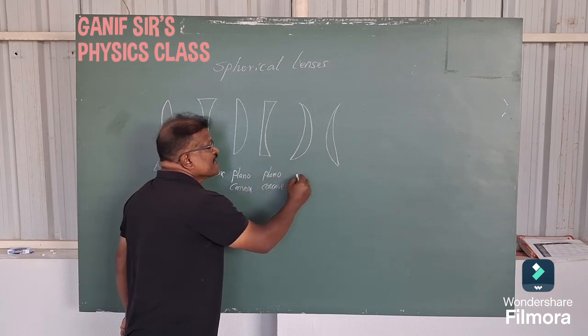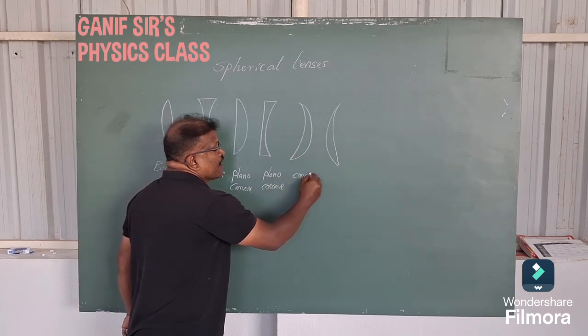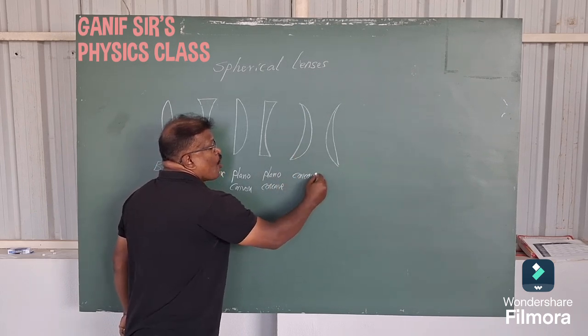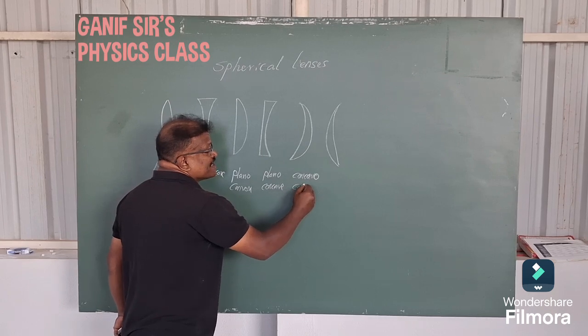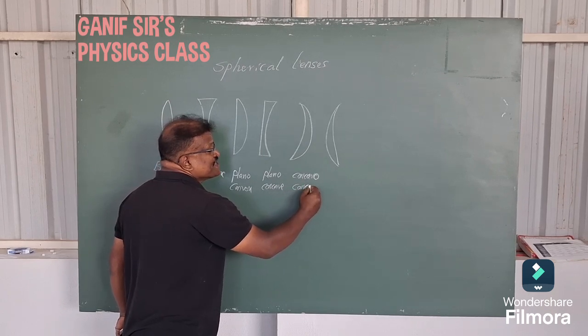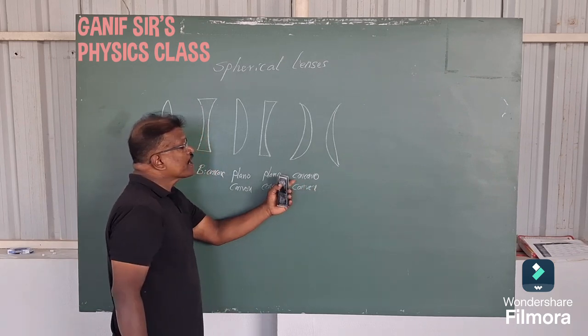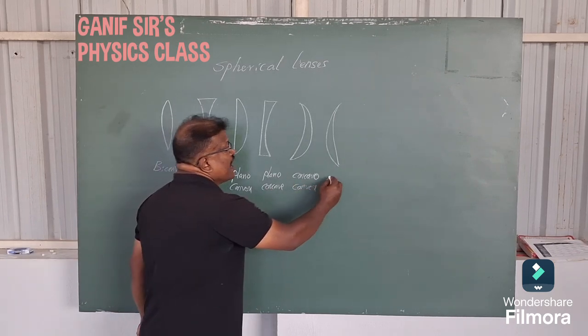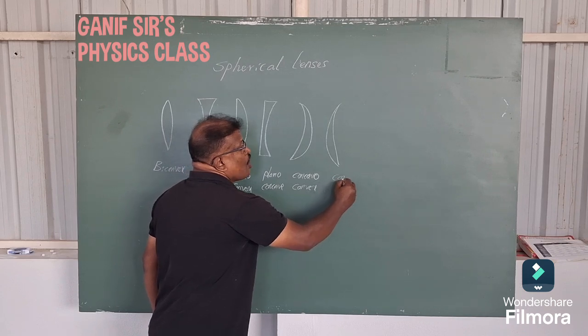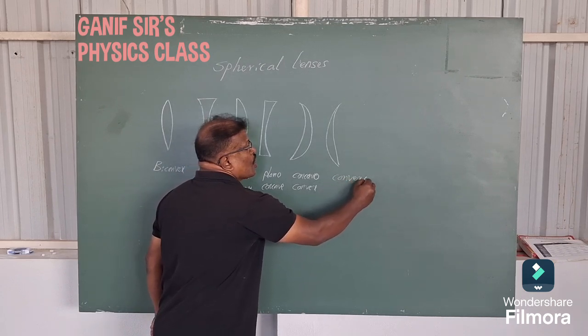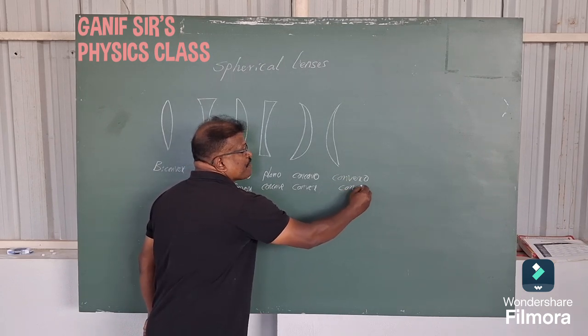I call this a concavo-convex lens, because the first surface is concave and the second surface is convex. And I call this a convexo-concave lens.